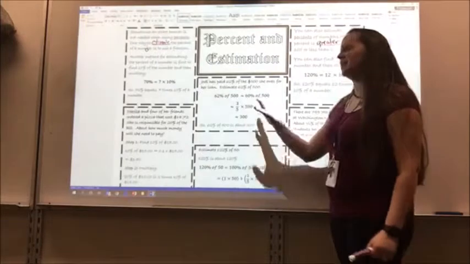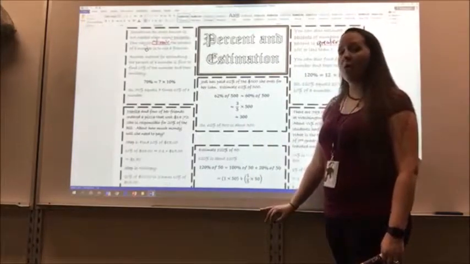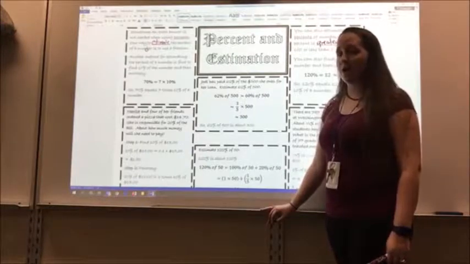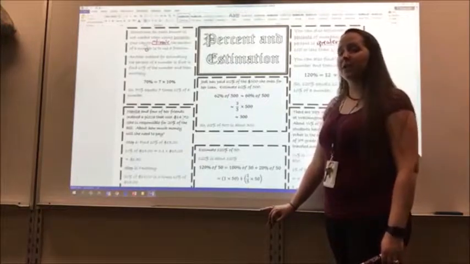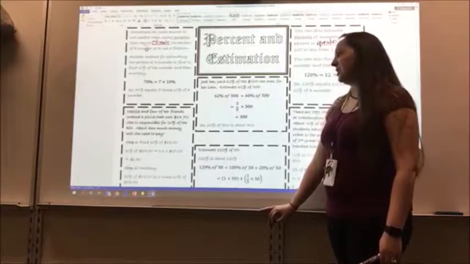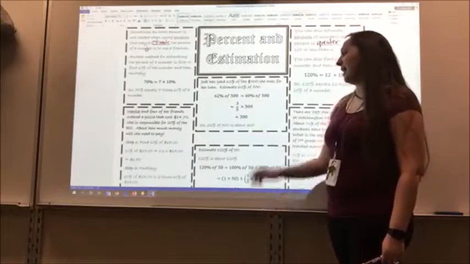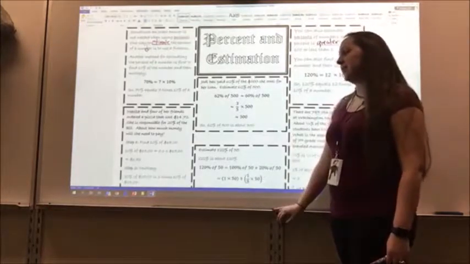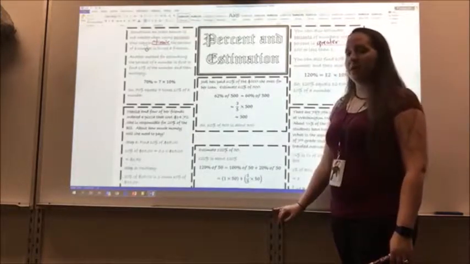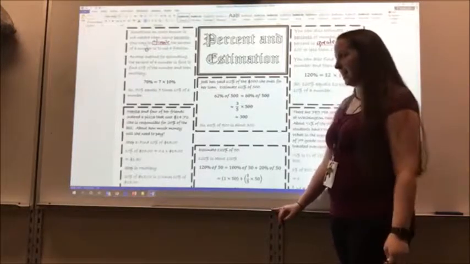Well, I can rewrite 60% as either a decimal, 0.60, or as a fraction, 60 over 100, and then simplify it so it equals 3/5. Then I multiply 3 times 500 and divide it by 5. When I do that, I get 300. So 62% of 500 is about 300. Not exactly, but about. It's an estimation.